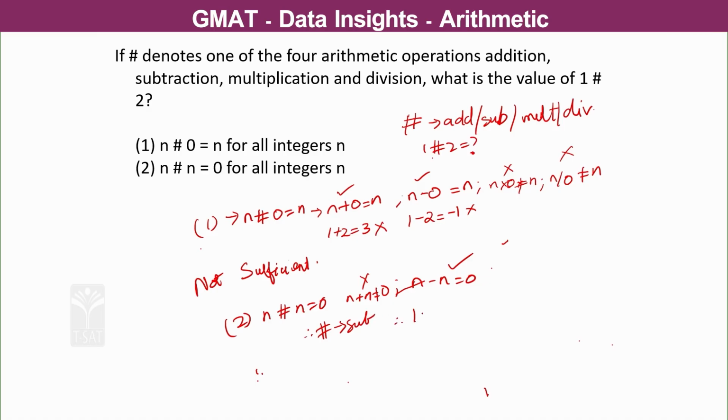Therefore, 1 hashtag 2 will be equal to 1 minus 2, which is equal to minus 1. Therefore, this statement is sufficient to answer the question. Therefore, answer comes out to be option B, where statement 2 alone is sufficient, but statement 1 is not sufficient on its own to answer the question.